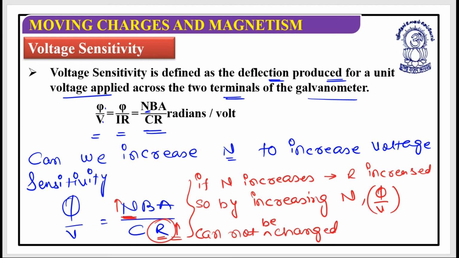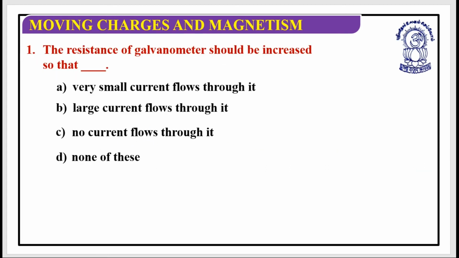Let's have certain logical questions in the form of multiple choice questions. It says that the resistance of a galvanometer should be increased so that a very small current flows through it, or a large current flows through it, no current flows through it, or none of these.